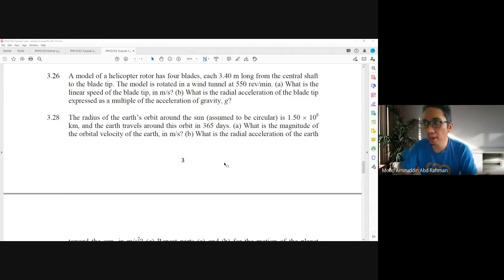The linear speed is 196 meter per second. Okay, so that's for A.